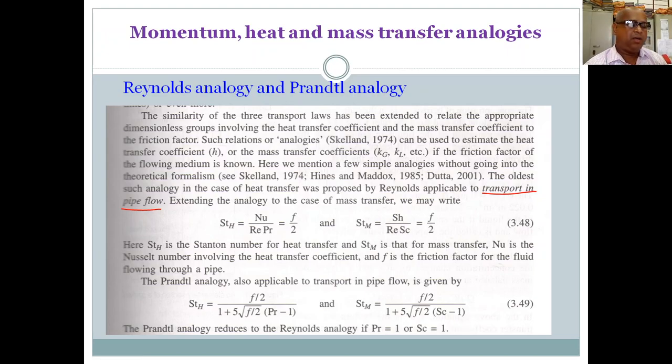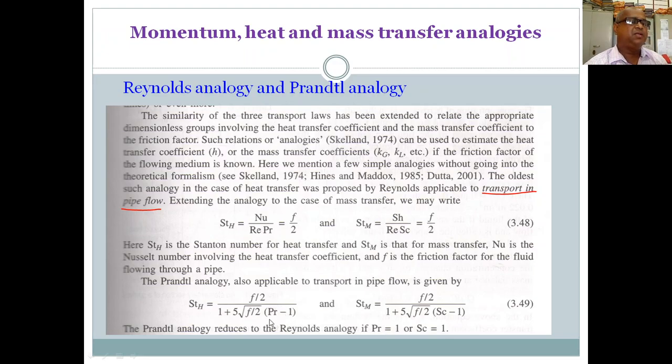They made this in such a way that they bring in the Prandtl number, because for heat transfer the Prandtl number is applicable, and for mass transfer the Schmidt number, and accordingly they introduced this. So this analogy is far better than the Reynolds analogy.